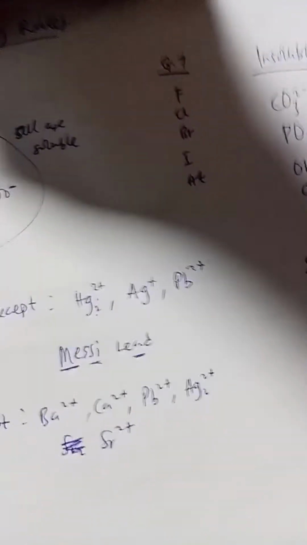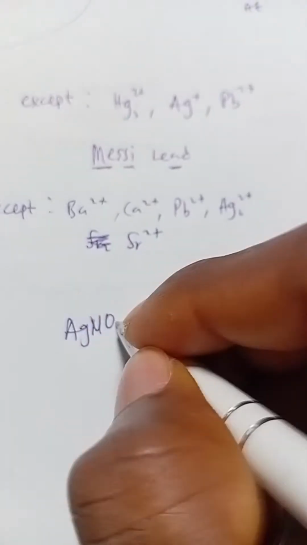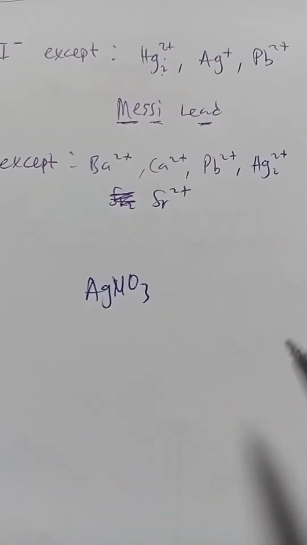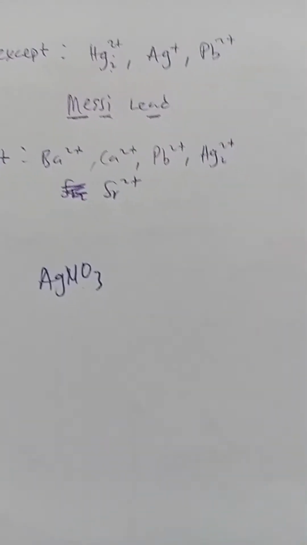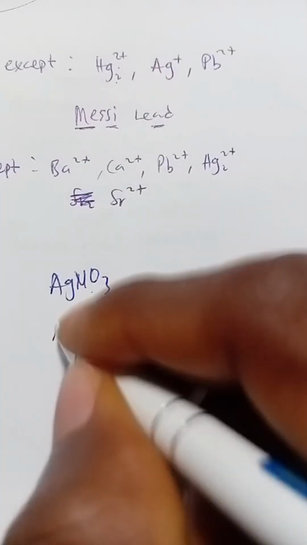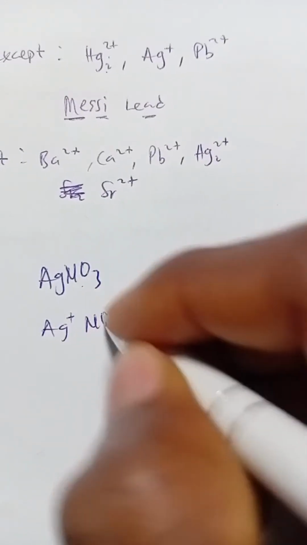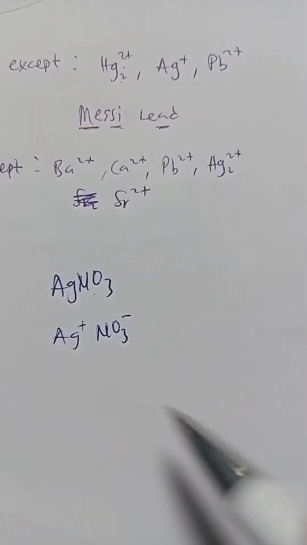So let's check if some salts here are soluble or insoluble. Let's take silver nitrate, AgNO3. Will this be a soluble salt or insoluble? Let's check. This is made up of Ag+ and NO3-. And we did say that all NO3- salts are soluble.